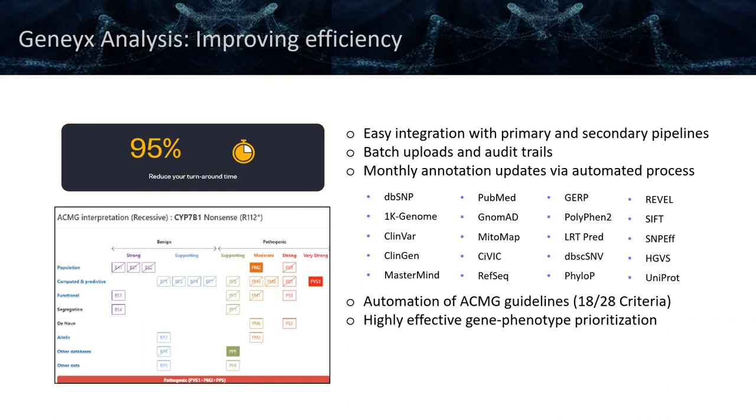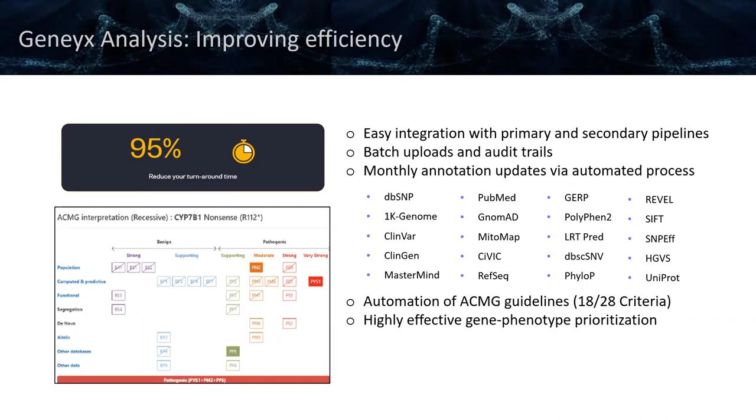Another nice feature about the Geneyx Analysis platform that improves efficiency is we stay up to date on our annotation sources through an automated process. For your internal bioinformatic pipelines, you understand how tedious it can be to stay up to date on these annotation sources.